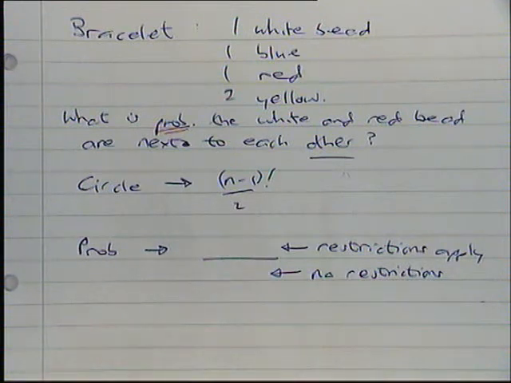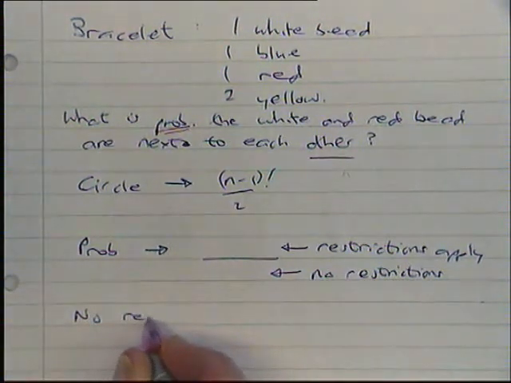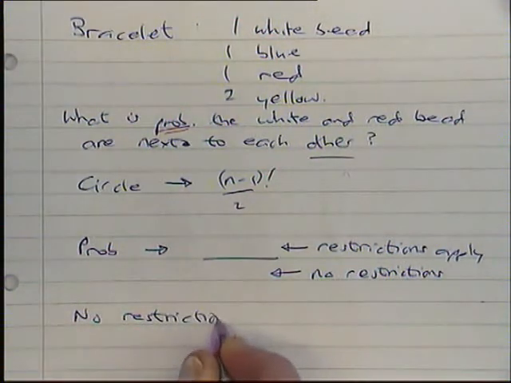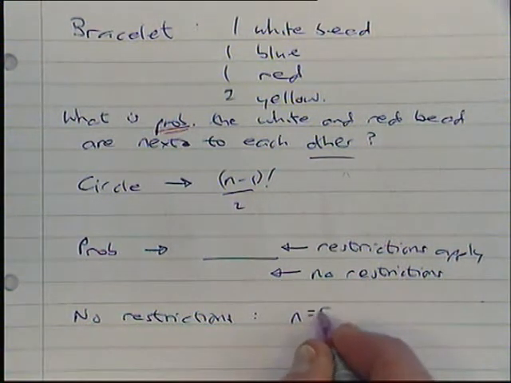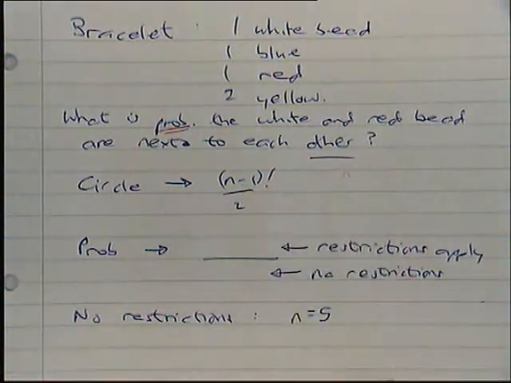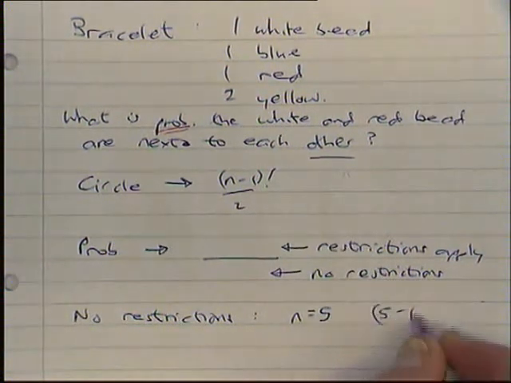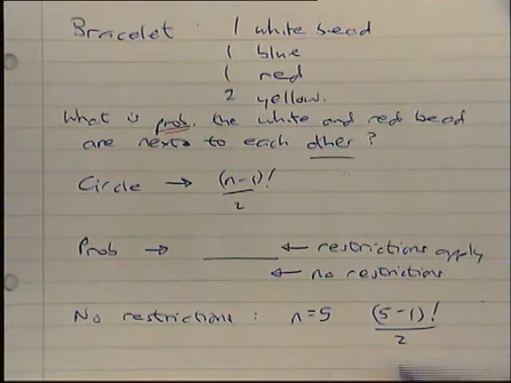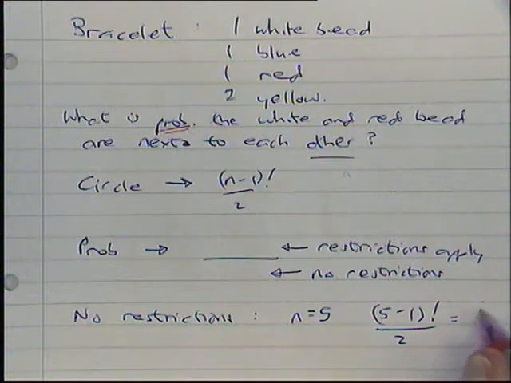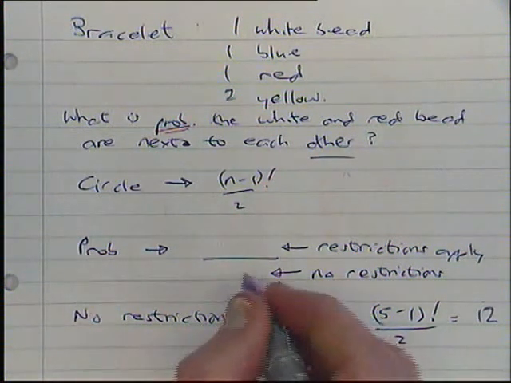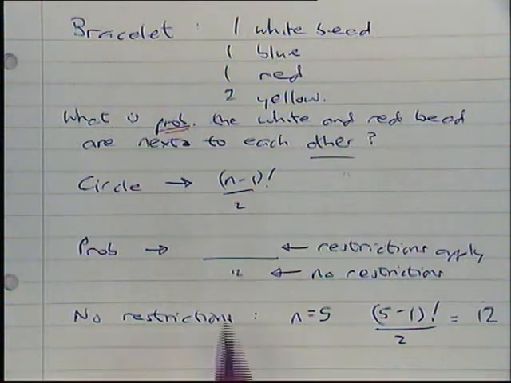If there were no restrictions, how many beads do we have? We'll say n is 5, and we can use the formula to do 5 minus 1 factorial divided by 2. 5 minus 1 is 4, 4 factorial is 24, 24 divided by 2 is 12. So that's the bottom number of our fraction.